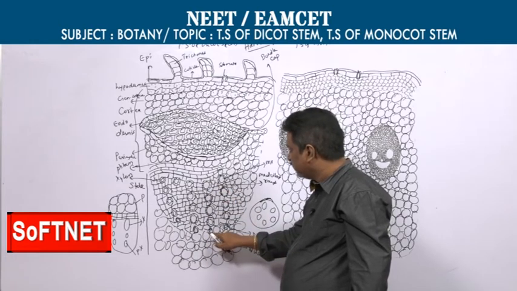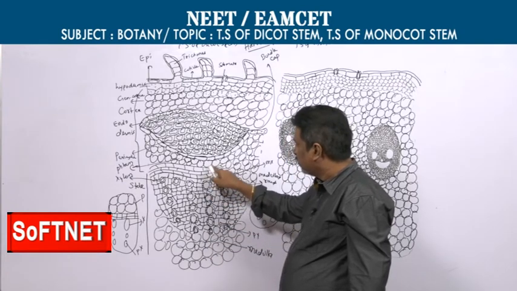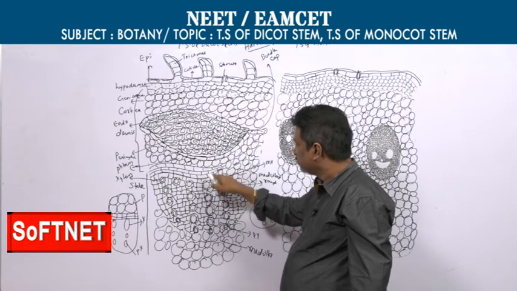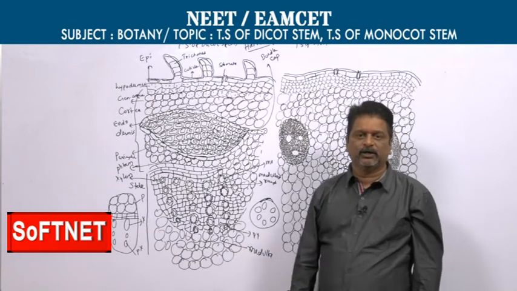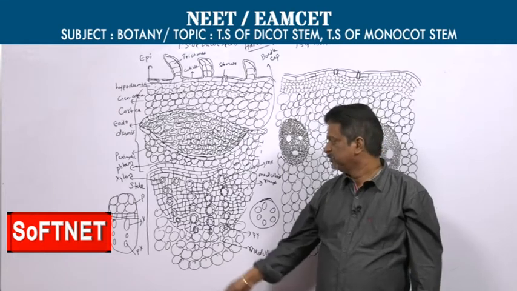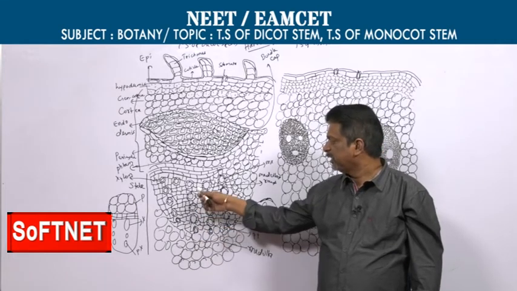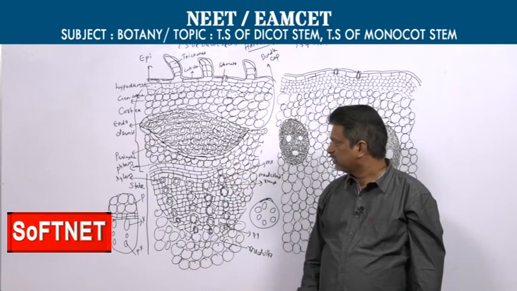So, at center, towards medulla, protoxylem is present, and outside, towards pericycle, metaxylem is present. Such condition is called endarch. So, in stems, xylem differentiation is centrifugal, so xylem is endarch. These are vascular bundles.